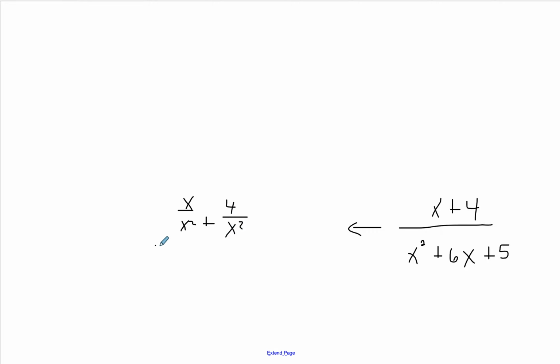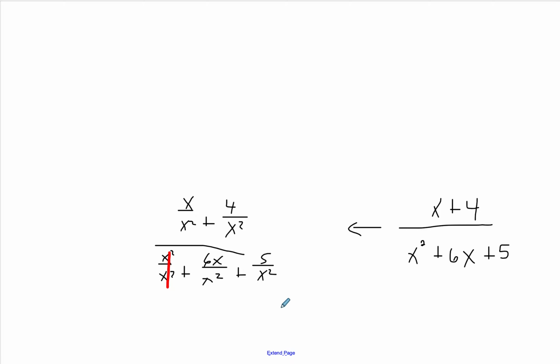forgive my handwriting, over x squared divided by x squared plus 6x over x squared plus 5 over x squared. Now, let's see if we can simplify any of these. The only one that I can simplify is the x squared over the x squared. It becomes a 1. But all the other terms go to 0 because I can't simplify them.